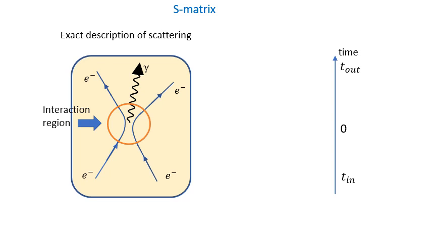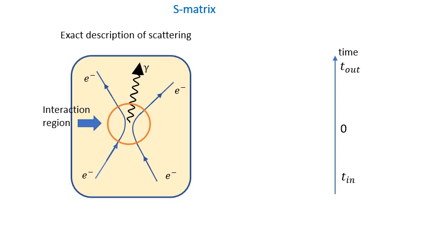Here is a simple example of an experiment with electron-electron scattering. At time t in the past, the two electrons were free and non-interacting. Then they came close to each other at time around 0, and in the interaction region they experienced acceleration and had an opportunity to create extra particles, such as photons.